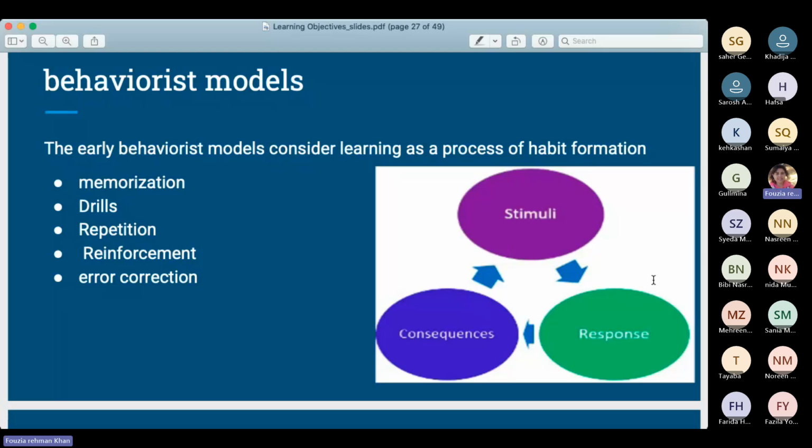So stimulus and response is not this direct, or not as it is in animals, because humans have brains and humans have minds. Every stimulus, whatever information they get from the environment, crosses their mind, and then accordingly, after the thought process goes on, they respond.